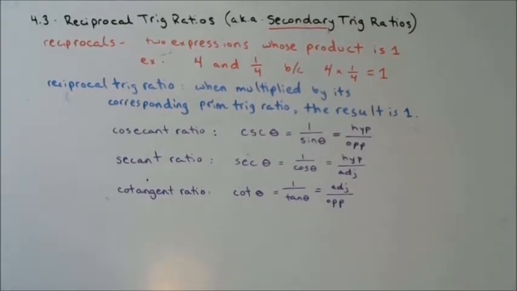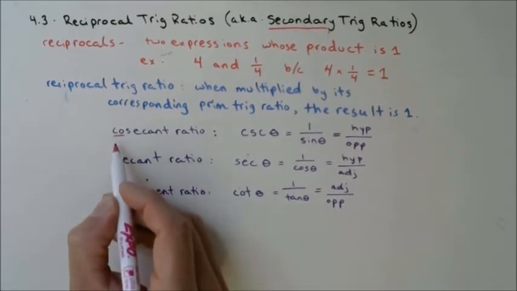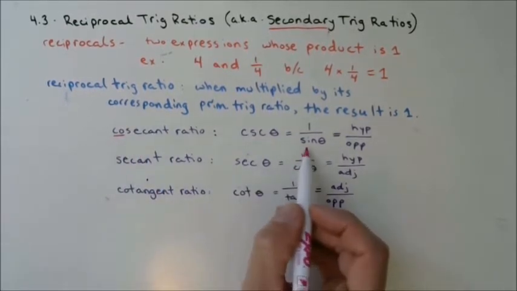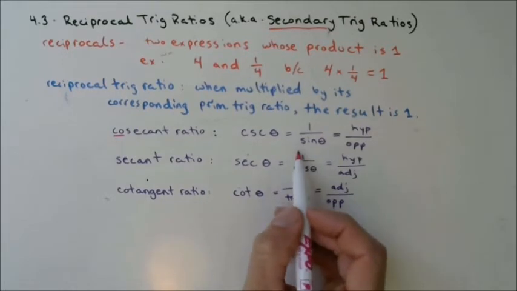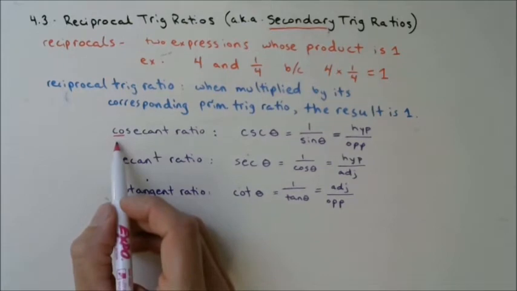Now you might be wondering, okay, how am I going to memorize this? How am I going to remember this? It's pretty straightforward. Cotangent and tangent go together. And each pair has a co in it. So for instance, sine in the primary trig ratios doesn't have a co in front of it, but its secondary trigonometric ratio does.